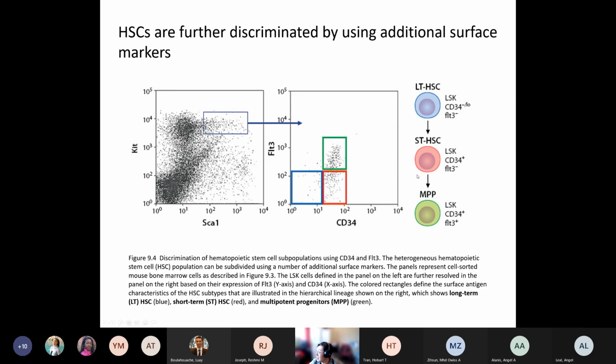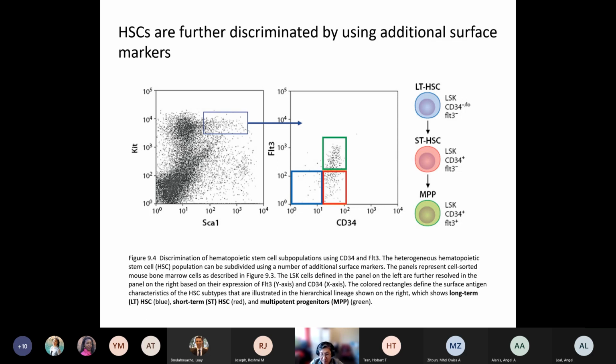But if the cells gain positivity for CD34, those are the cells in the red box, the short-term hematopoietic stem cells. And when the cells gain both CD34 positivity and FLT3 positivity, those cells now are progenitors. They are no longer stem cells. Those are called multipotent progenitor cells.